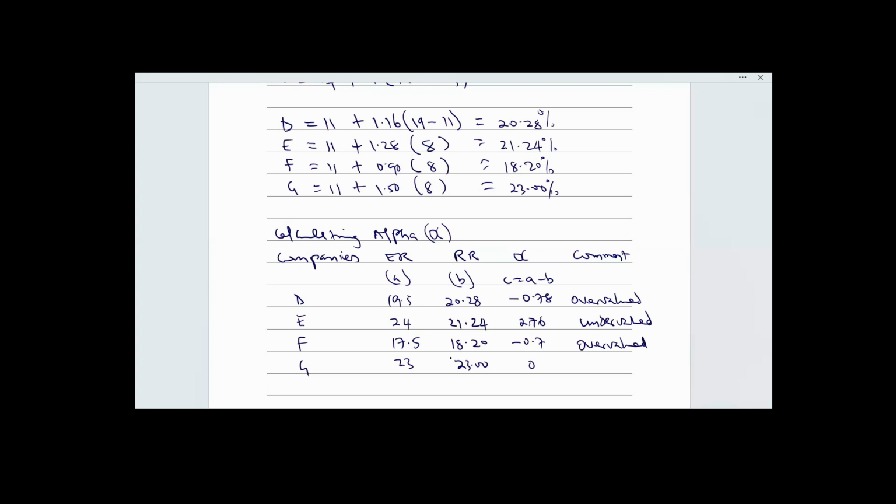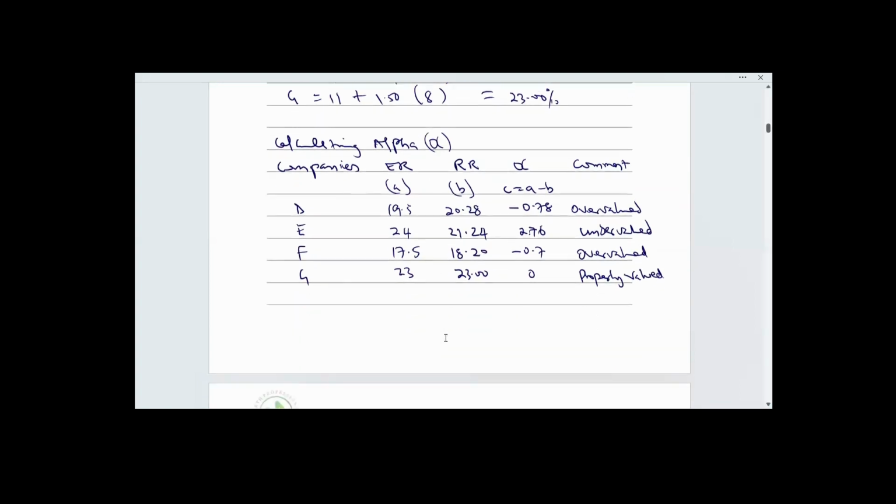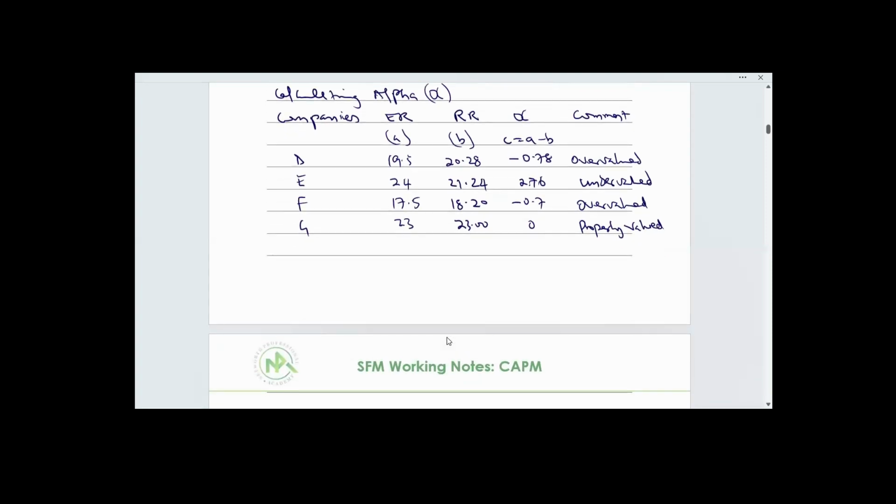Then if your alpha is 0, if expected return is equal to required return, then the security is properly valued. That's that. So this is one bit we need to advise. I would then say advice or recommendation. The examiner wants you to recommend.